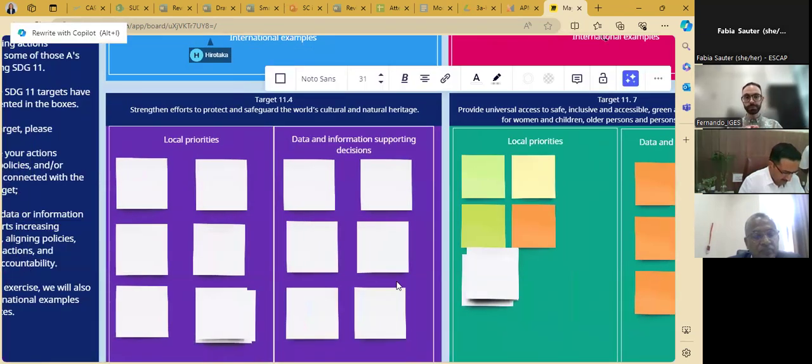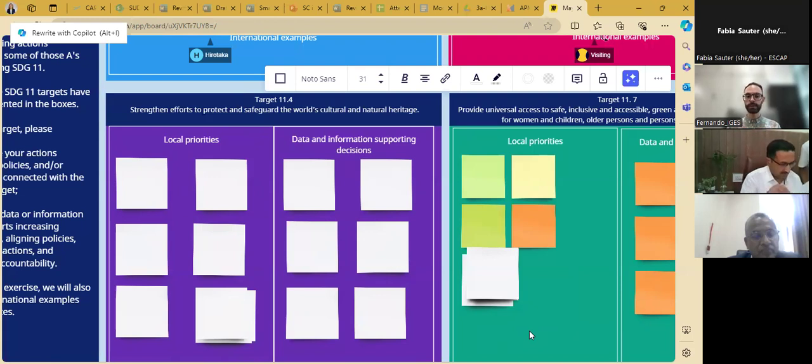Yes, so now we are going to talk about target 11.4, which deals with how to strengthen efforts to protect and safeguard the world's cultural and natural heritage. In this case, we are discussing both cultural and natural heritage.